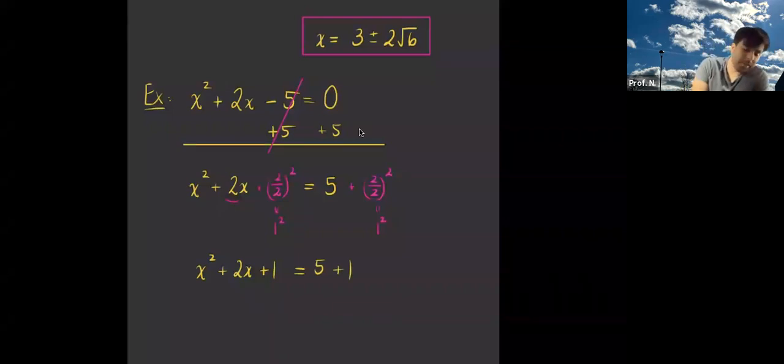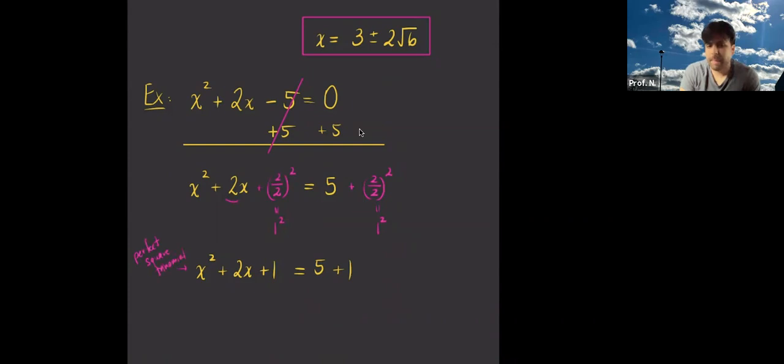What do we have here? We have a perfect square trinomial. 5 plus 1 on the right side is obviously 6. Now what is x squared plus 2x plus 1?